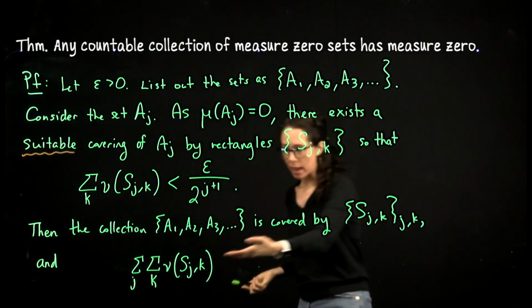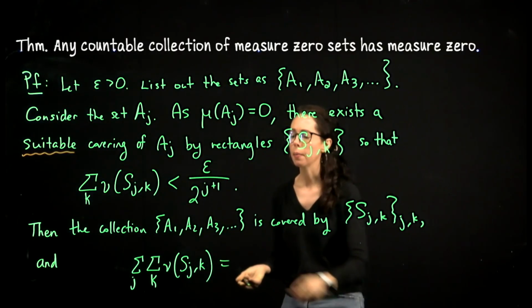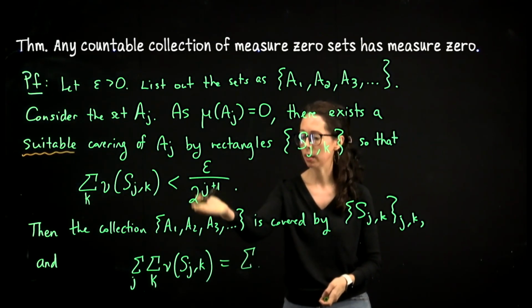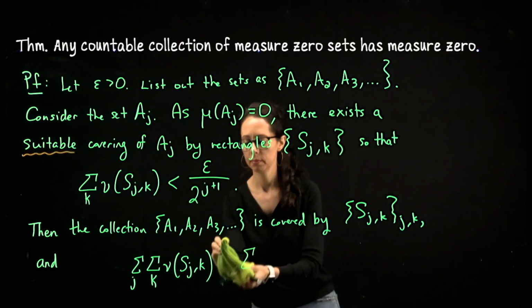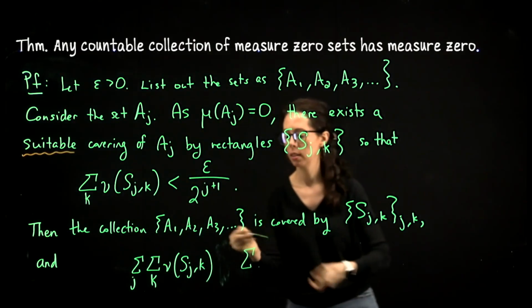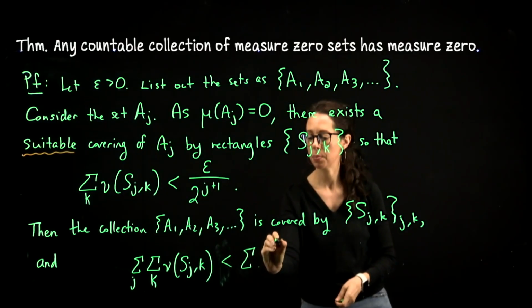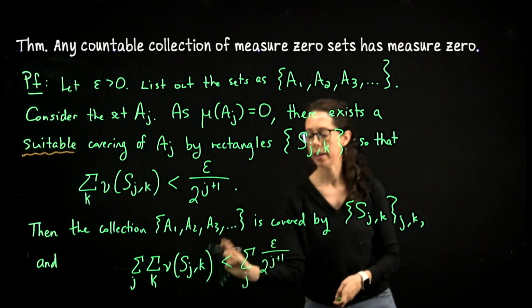And then add up all of the collections for each of these. But we know exactly what this inner sum should be. So we have like an iterated double sum here. The inner sum by construction is less than epsilon divided by 2 to the j plus 1. So I'm going to go up in size by saying this part is less than epsilon over 2 to the j plus 1. Add up over j.